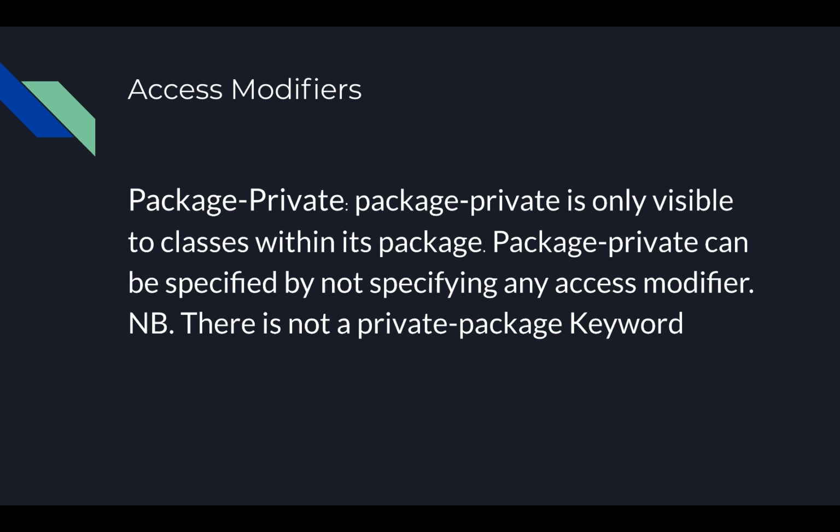Package private is only visible to classes within its package. Package private can be specified by not specifying any access modifier at all. There's actually no private package keyword. So in essence, when you don't specify any access modifier, it's going to be package private.